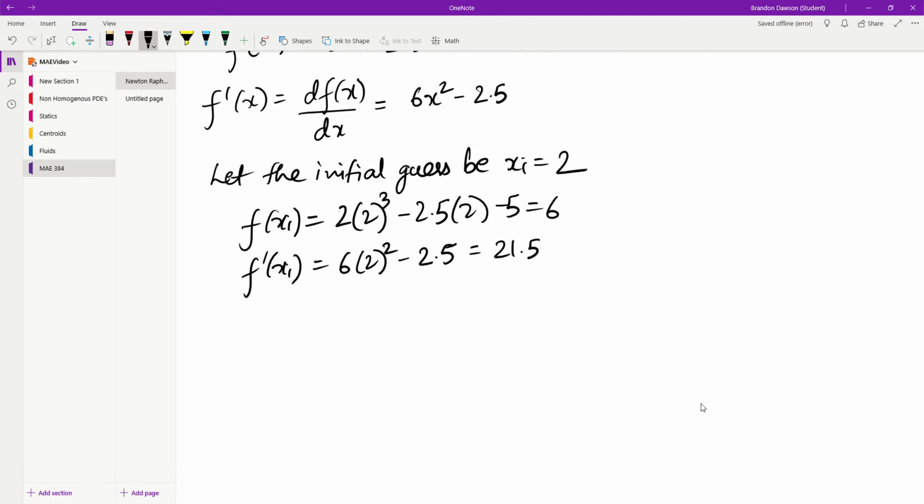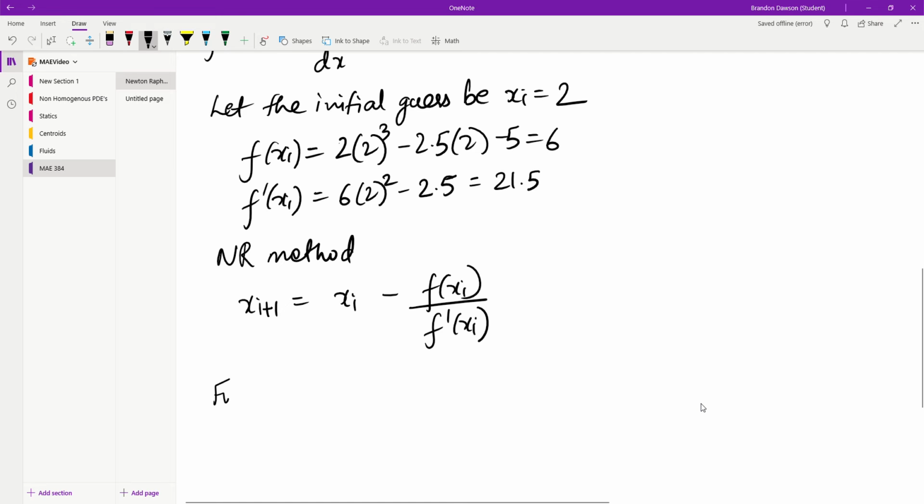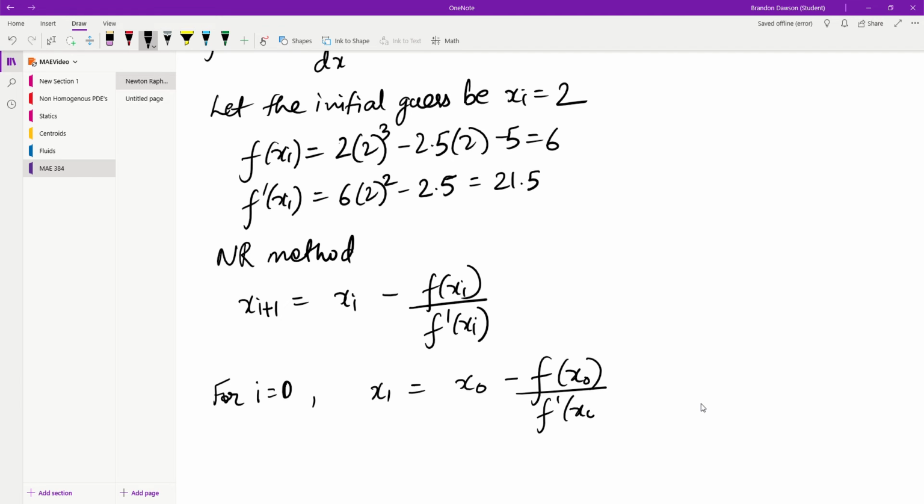So according to the NR method, x of i plus 1 is equal to xi minus f of xi divided by f dash of xi. For i equal to 0, x1 will be equal to x0 minus f of x0 divided by f dash of x0.